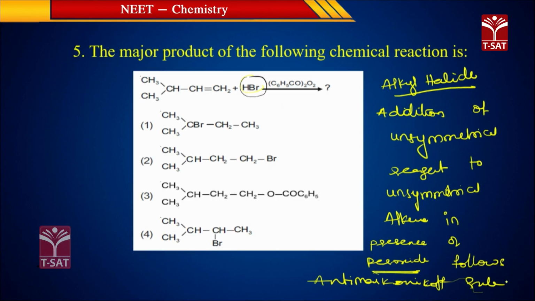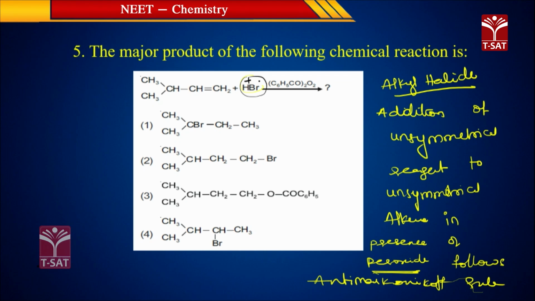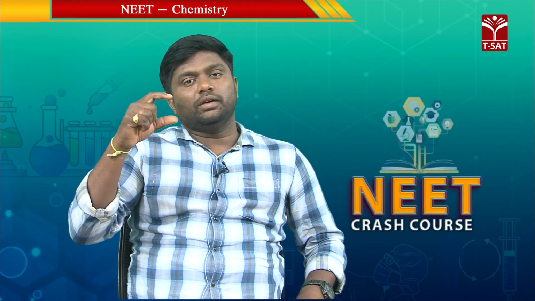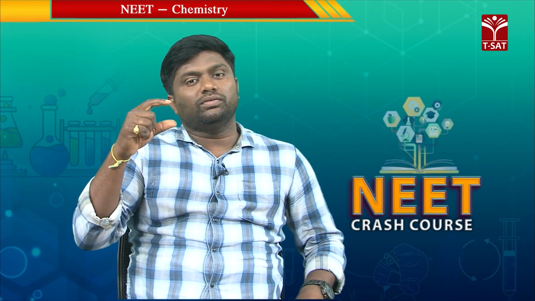So, what is the anti-Markovnikov rule? In the reagent you will generally have two parts, one positive and the other negative. In HBr the positive part is H plus and the negative part is Br minus. According to the anti-Markovnikov rule, the negative part of the reagent is added to the carbon having more number of hydrogens.